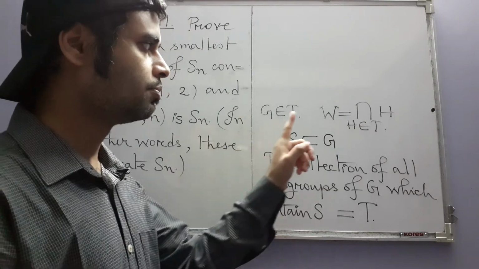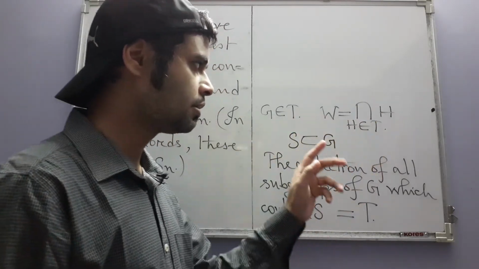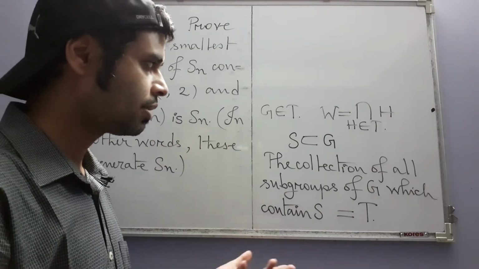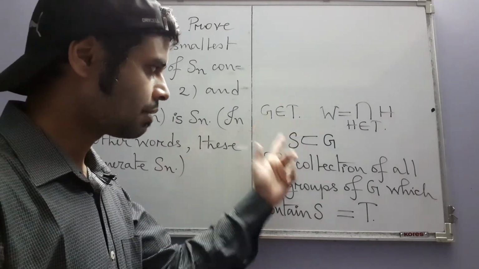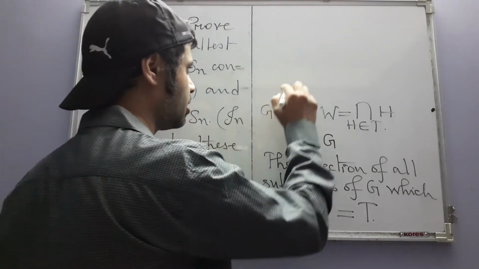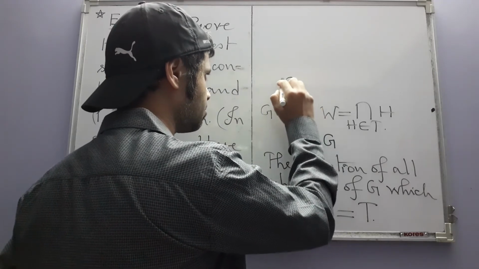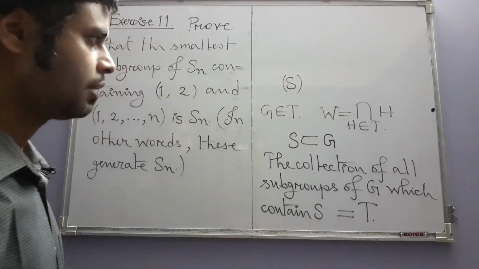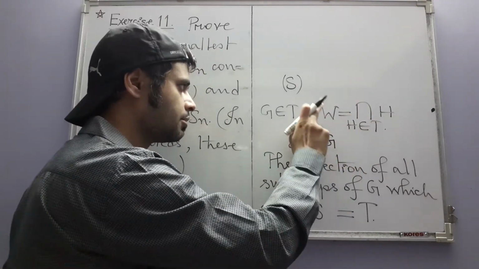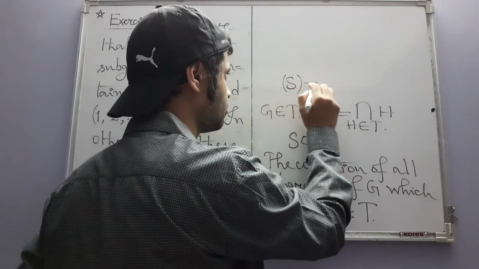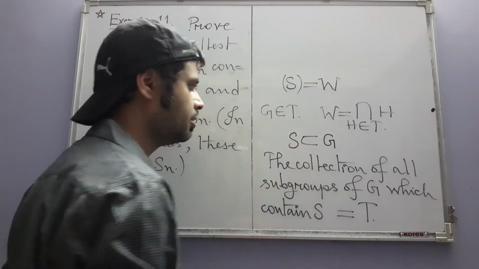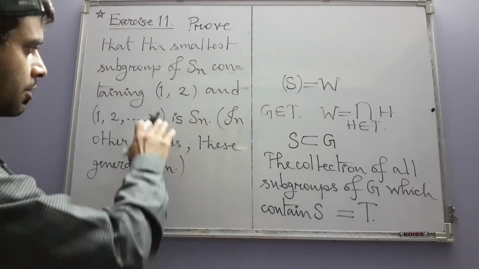What more is true is that this intersection itself is also a subgroup, and this subgroup is defined to be the subgroup of G generated by S, and it is usually denoted in this text by this symbol. And it turns out, because of how it has been constructed, that it is in fact the smallest subgroup of G containing S.